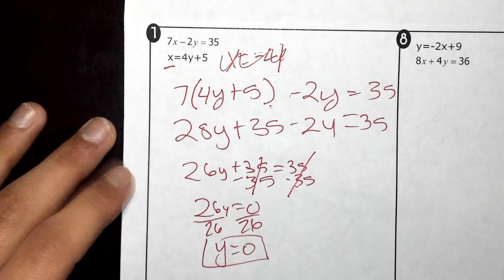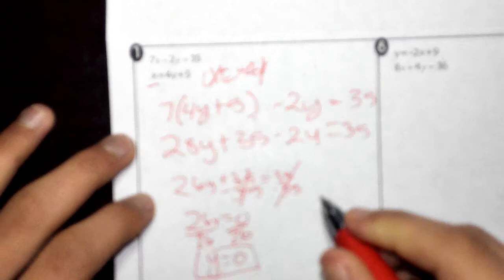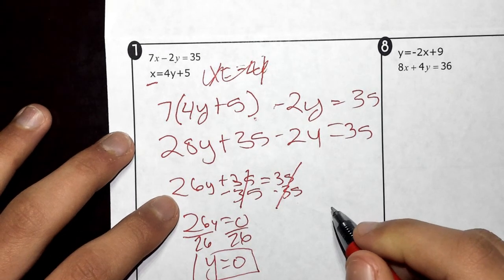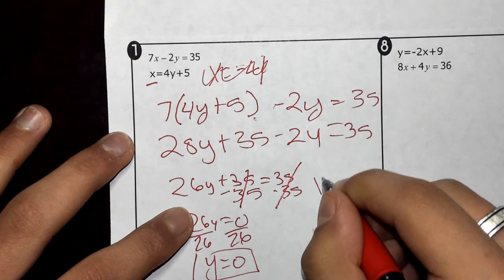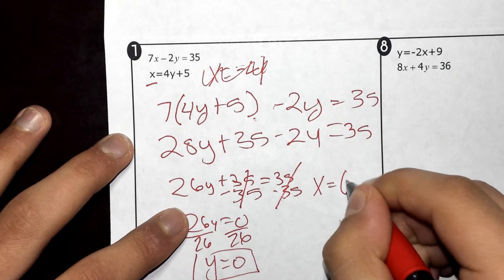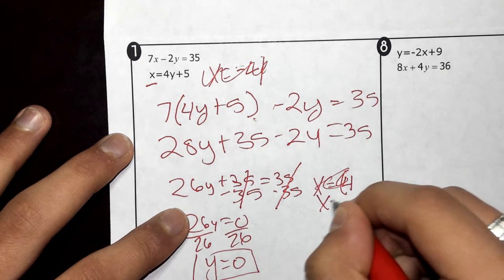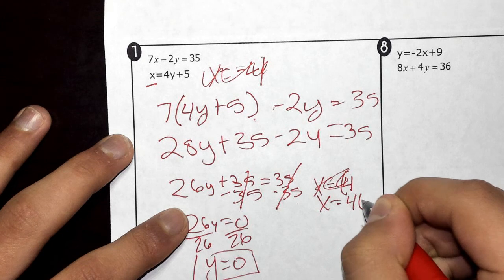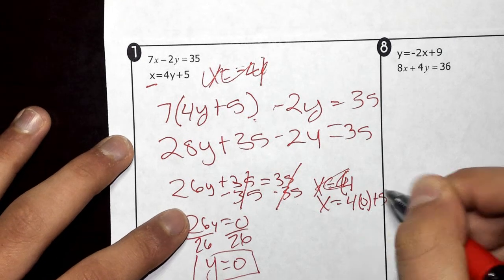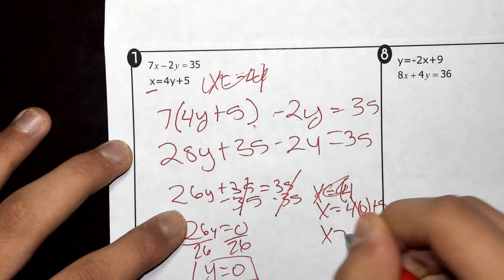That's all that means. So if you do this, x equals 4 times 0 plus 5, and if you do that, it'd be x equals 5.